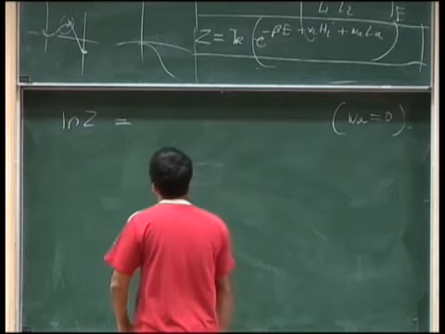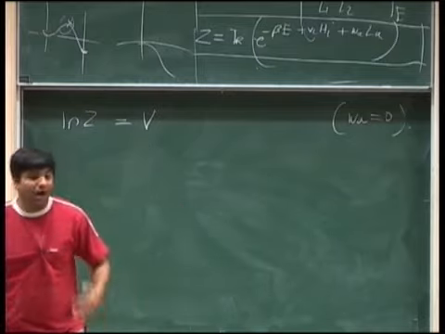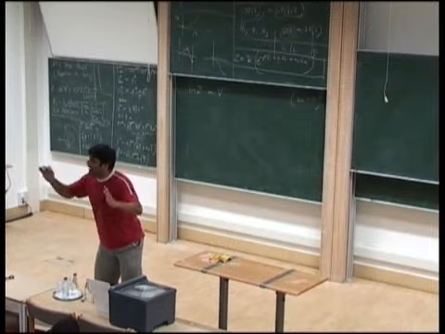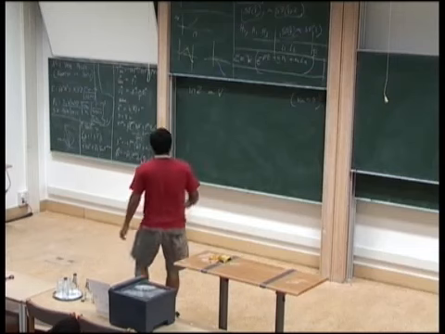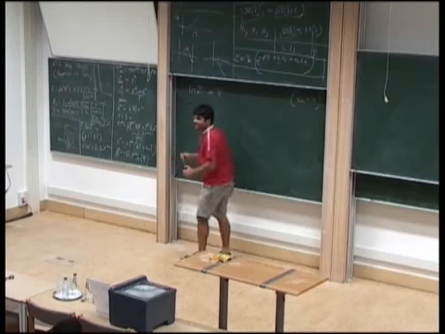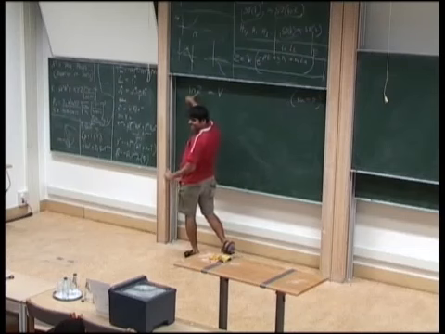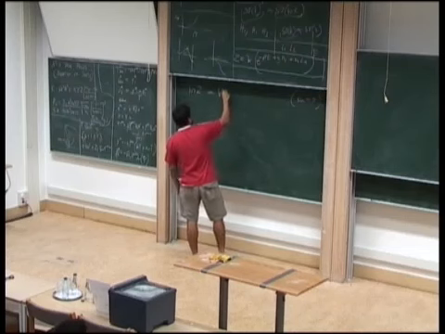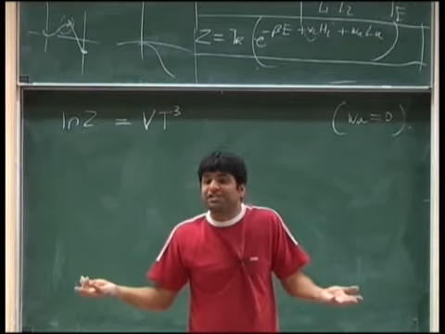Firstly, this quantity should be proportional, at high enough charges or high enough temperatures, and let's stick to that limit for now, to the volume of the space from extensivity. Now Z itself is a dimensionless quantity, so log Z must also be proportional to T cubed, just by dimensional analysis.